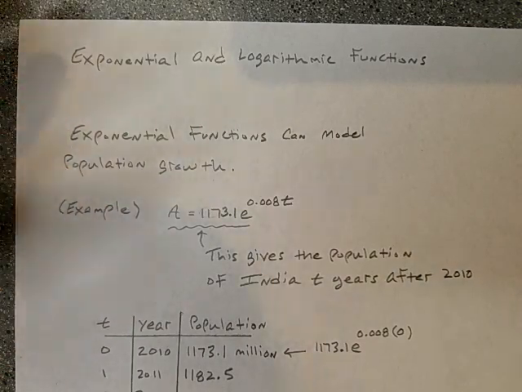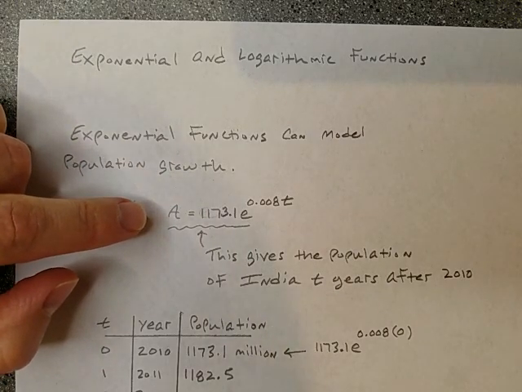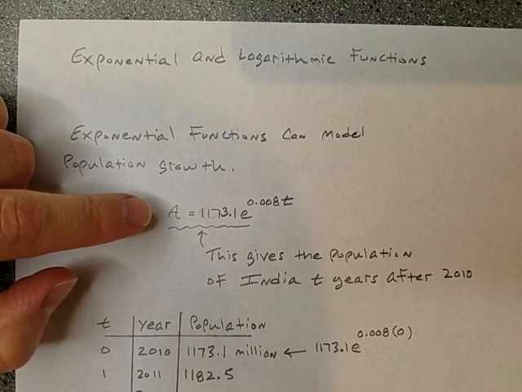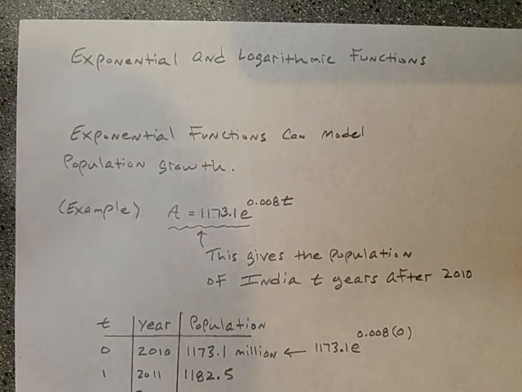But like I said, it's just a model. It's not a crystal ball. Something could happen to disrupt the way that the population was growing when this model was created. Okay, so that's what models are. They can predict that if things continue the way they are, this is the way they'll be in the future.